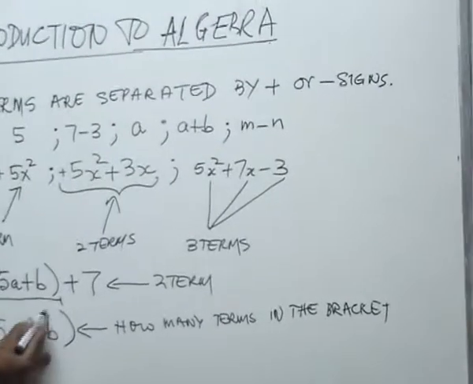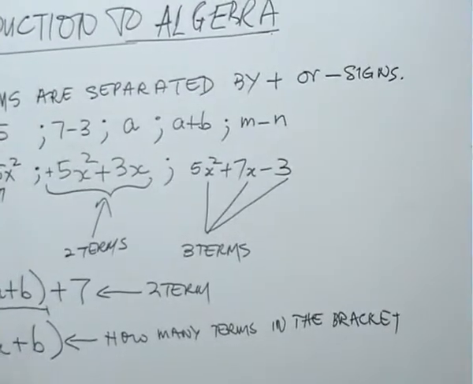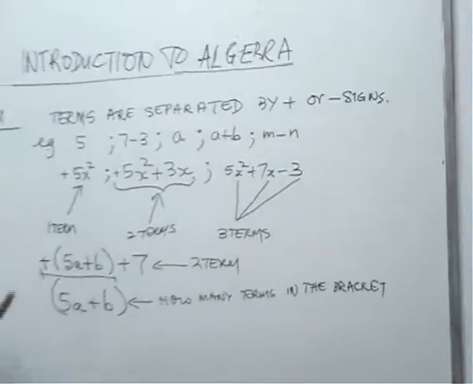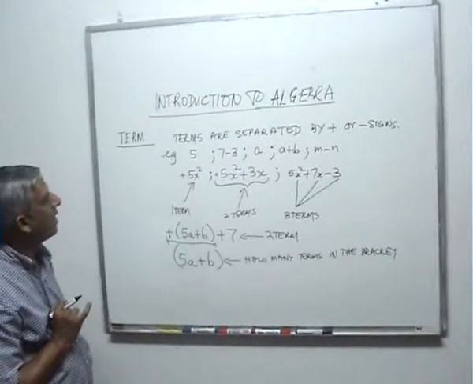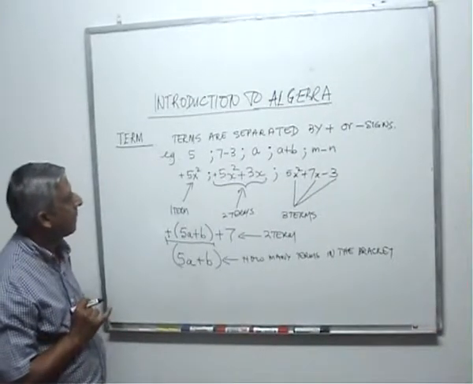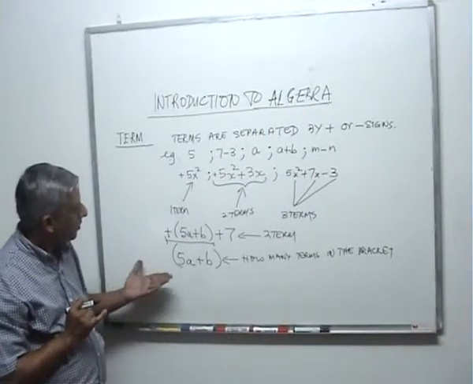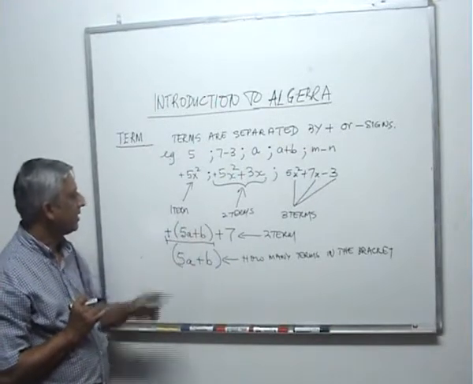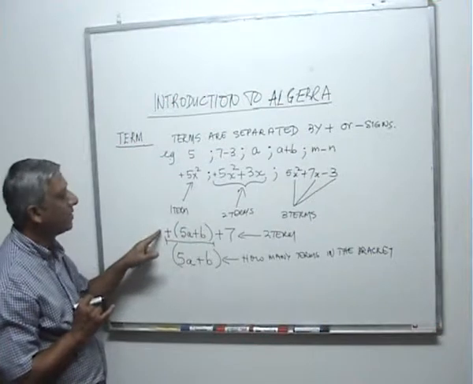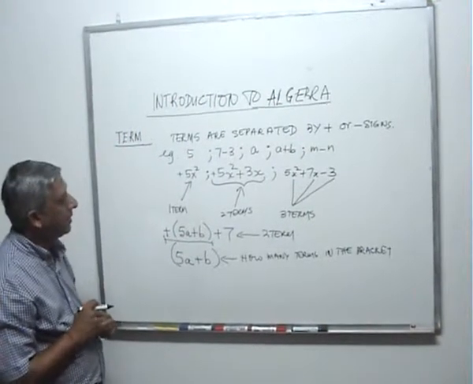There's one term inside here and another term there. Alright. So that's your first basic: that terms are separated by plus or minus signs, and whatever is written inside a bracket is considered as one term.